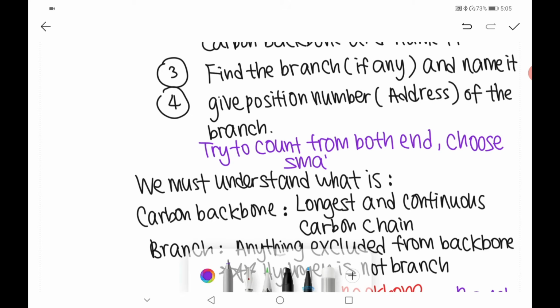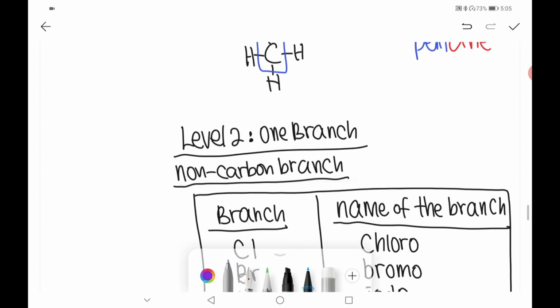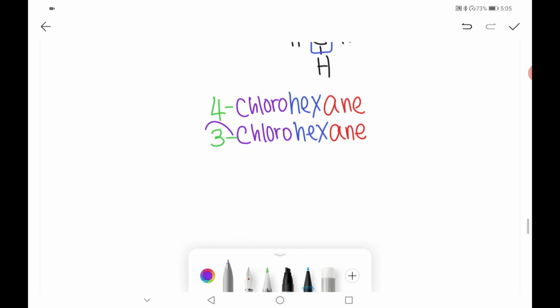You choose the smaller number in between them. Now if you look at the names just now, this is 3 and this is 4. So the smaller number is 3. This is your final answer. So the first answer is wrong.